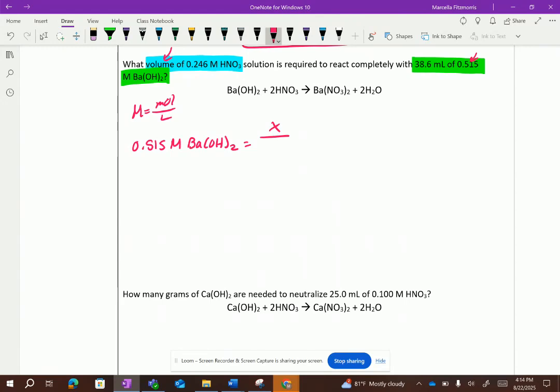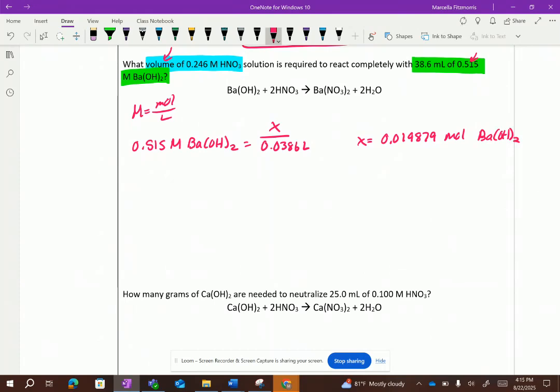And we have the milliliters, which I like to convert to liters because that's the way I was taught. That's the only way you're correct when you get the moles here. So when I solve for this, I end up with 0.019879 moles of this BaOH.